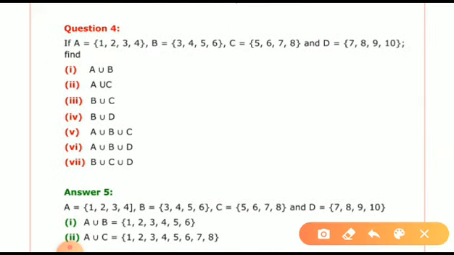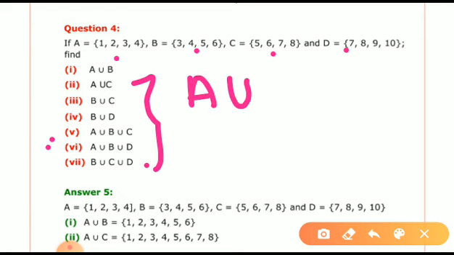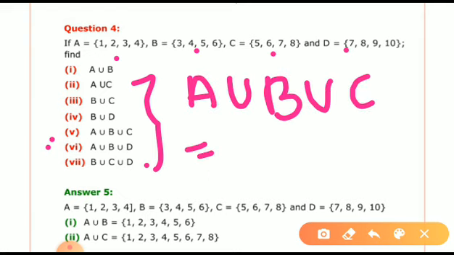See the next, you have been given A, B, C and D, and you have to find unions and all. I'm going to show only 5 and 6 because the rest are very easy. Just check for the fifth one. The fifth is A union B union C, so I'll write it as A union B union C. That means all the elements of A, all the elements of B, as well as all the elements of C. So it will contain 1, 2, 3, 4.